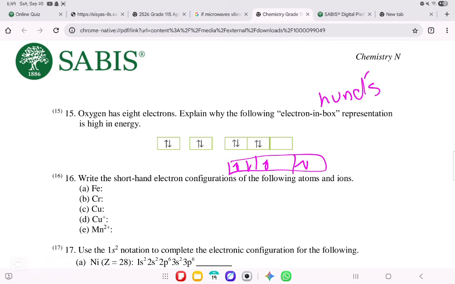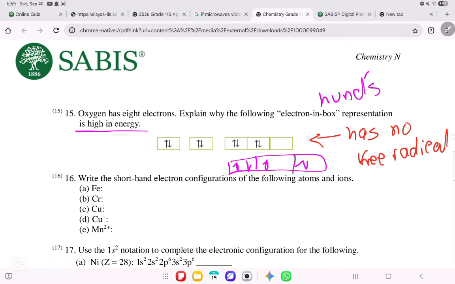Now, why is it high in energy? It's high in energy because it has no free radicals. Because we know that the more free radicals, the more stable it is. So the greater the free radical, the greater the stability.